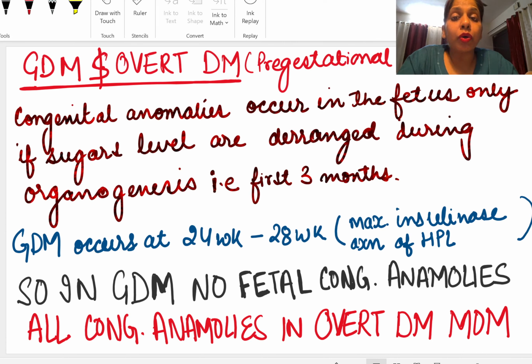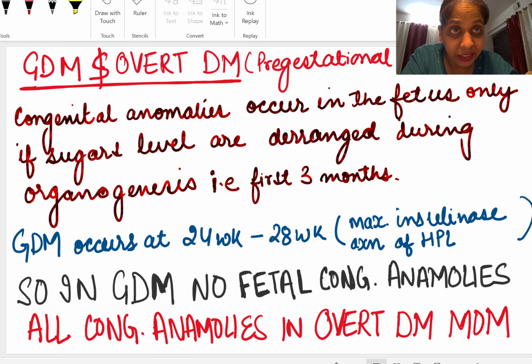So congenital anomalies occur in the fetus only and only if the sugar levels are not balanced during organogenesis, and you all know that organogenesis occurs in early pregnancy.